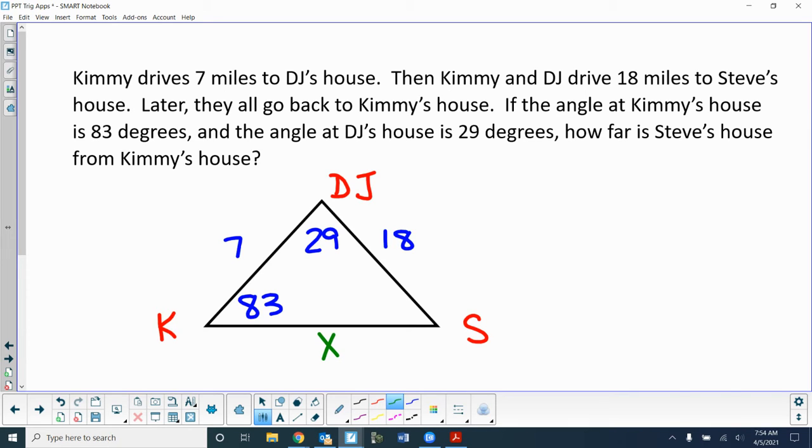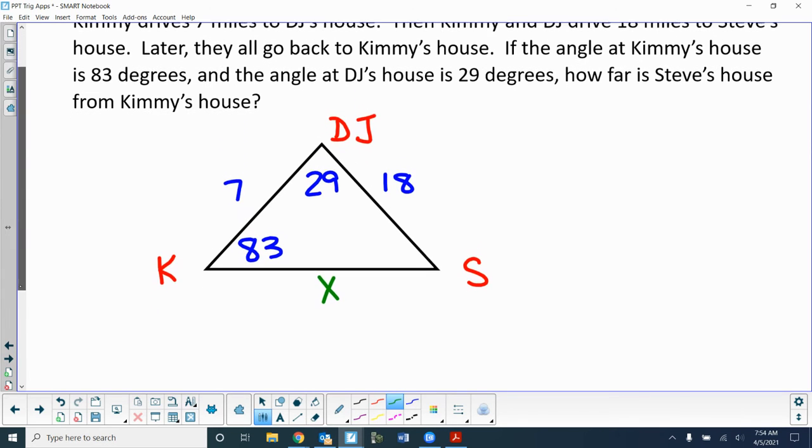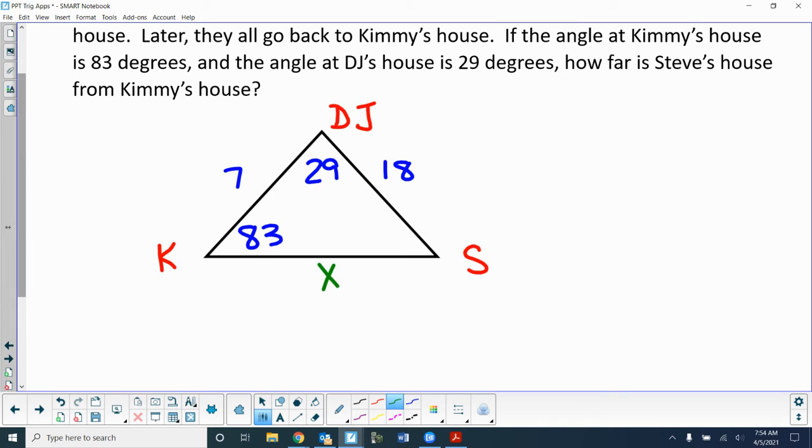So, which law could we use? Law of sines, law of cosines, or should we use SOHCAHTOA stuff? Law of sines, right? Because we got an angle and a side opposite. We got this angle, and we're looking for that opposite side. So you could use the 7 if you want to try to find this angle.